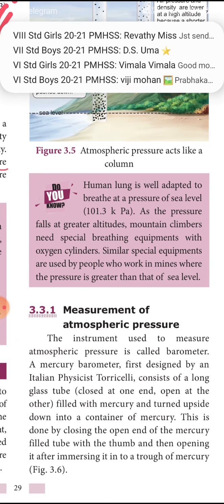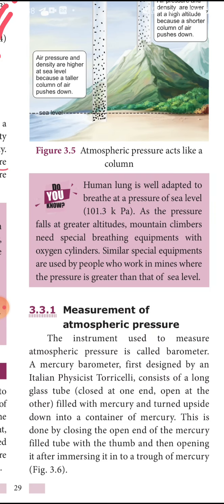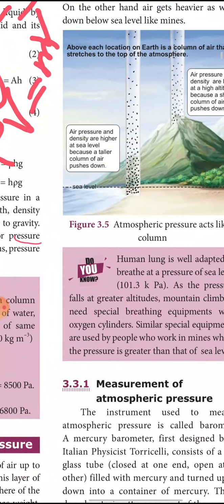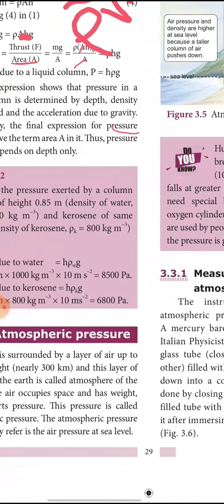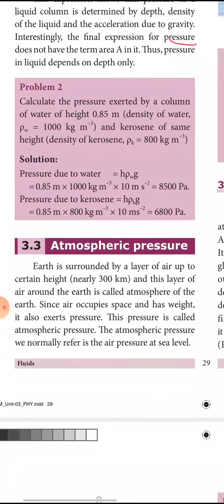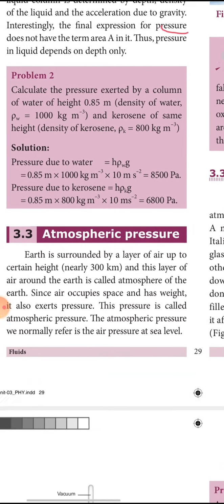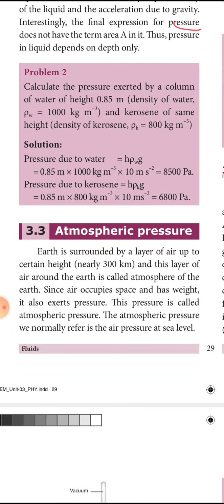As the depth increases, the pressure varies. Because of the pressure, breathing problems arise. This shows the height column H decides the pressure. Now we have seen atmospheric pressure. The earth is surrounded by a layer of air up to a certain height, about 300 kilometers, and this layer around the earth is called the atmosphere of the earth.